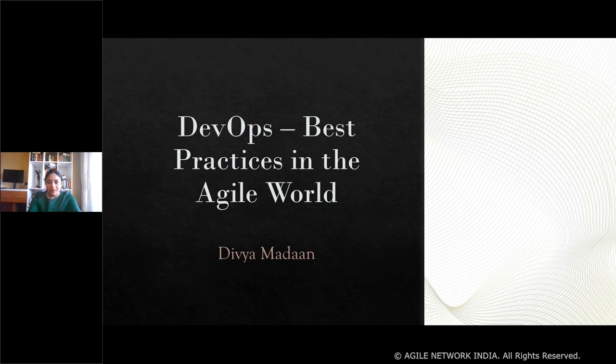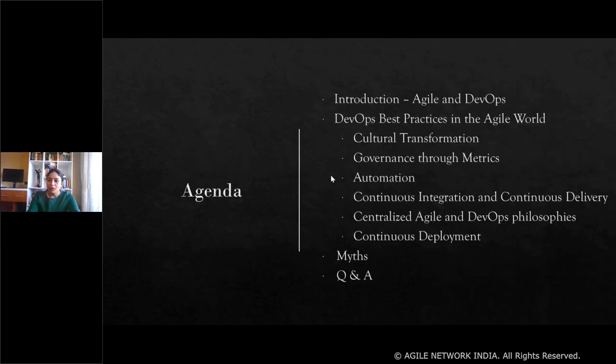All right. Having said that, let's set the agenda for today. I'm going to talk for 5 to 7 minutes, bringing a refresher to the table about the DevOps and Agile concepts and how they are interrelated.